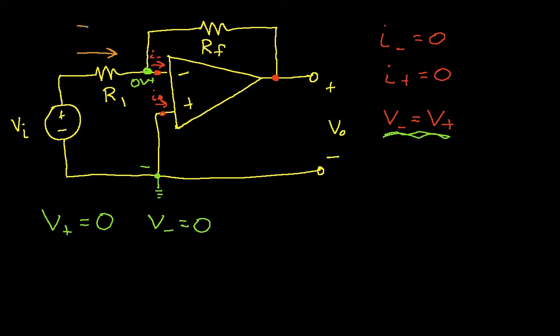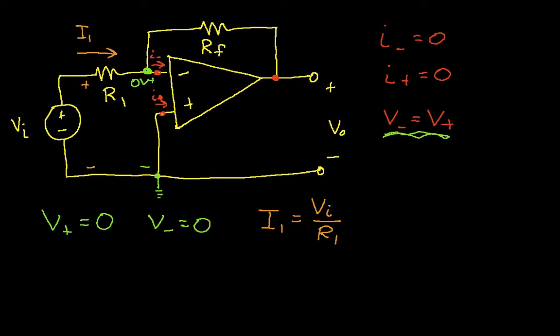So that allows us to fairly easily compute the currents that flow through R1 and RF. If I call this I1, the current that flows through R1 will be equal to this input voltage, VI, divided by R1.